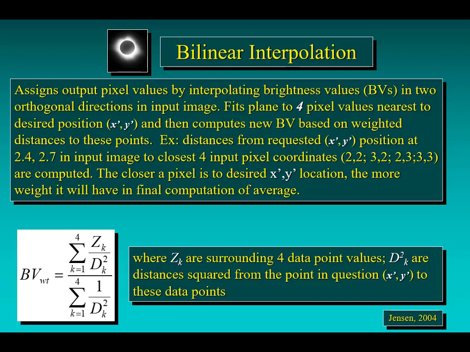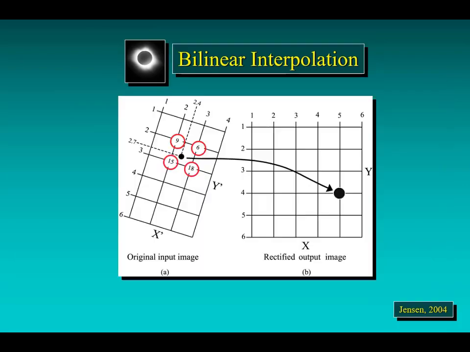So there's the equation there for bilinear interpolation. So that sub WT subscript just denotes that we're computing a weighted brightness value, weighted average. And this is an illustration of the bilinear interpolation process utilizing those four surrounding brightness values.